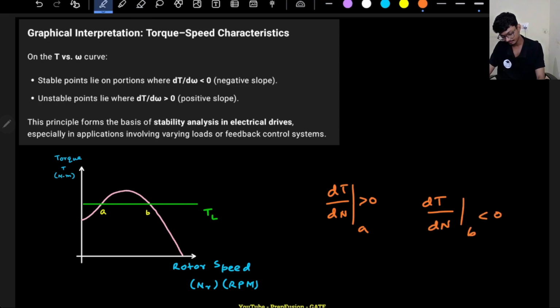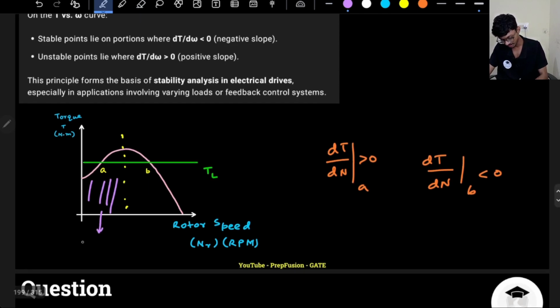So basically what I can bifurcate here is that this region is the region of instability, because here dT/dN is always positive. So this is the unstable region.